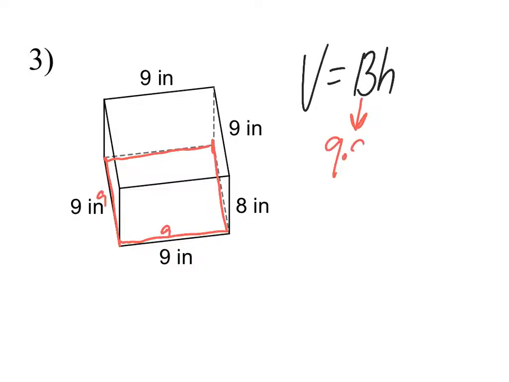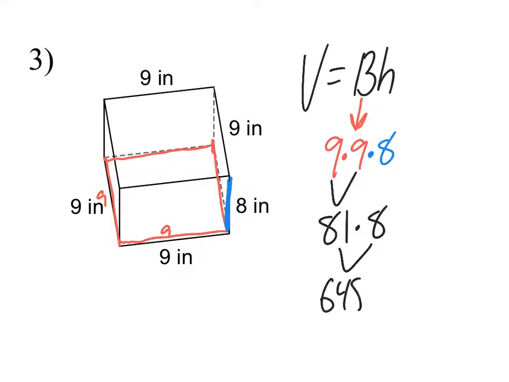So 9 times 9 for our area of our base. And for our height, this one's a little more difficult to see. There's our height right there, that 8 inches. So 9 times 9 is 81 times our 8. And 81 times 8 is 648 inches cubed.